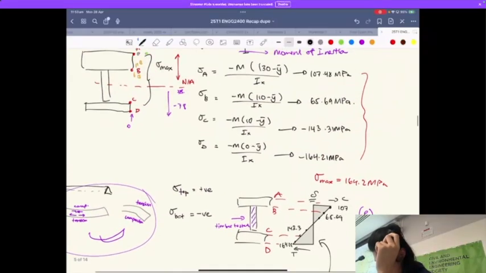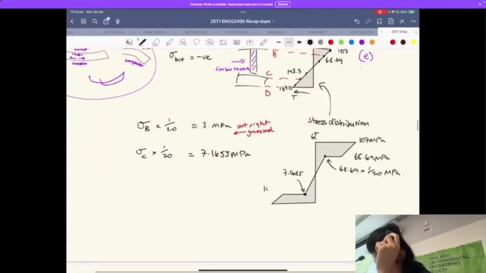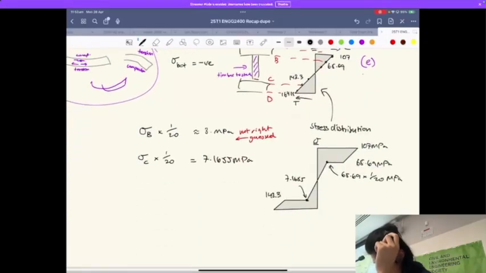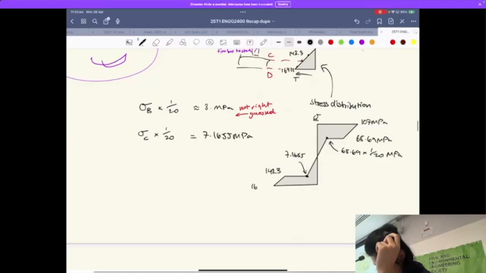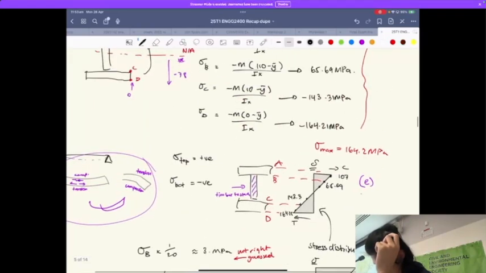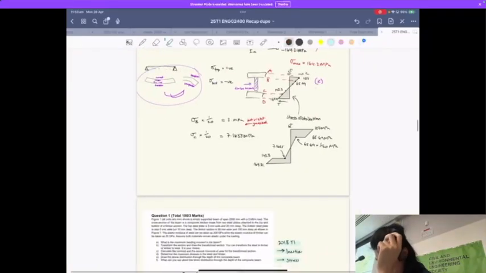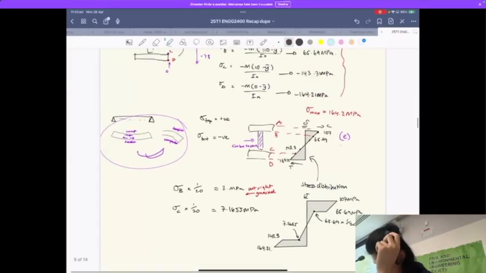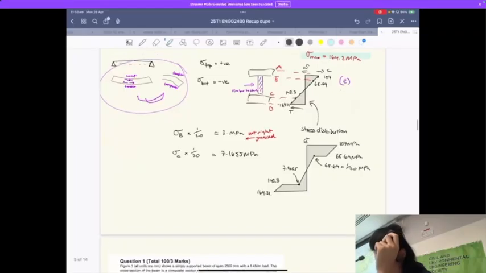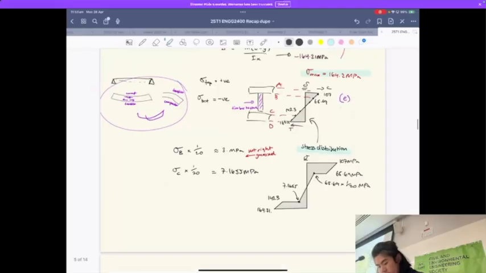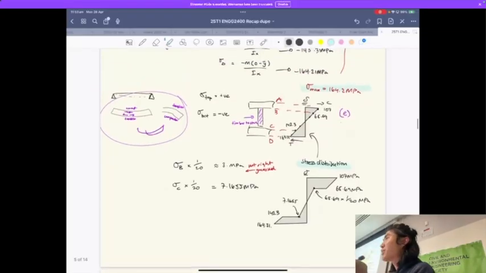And then it goes back up to 143.3 and 164.121. And that will be your final stress distribution. And then that's when you can call this question finished.